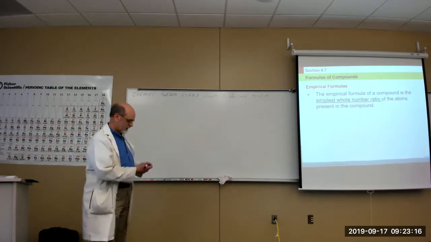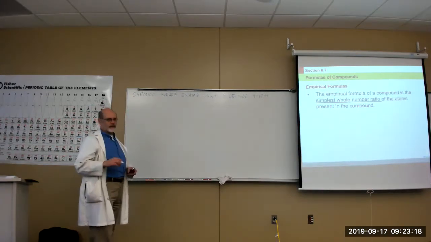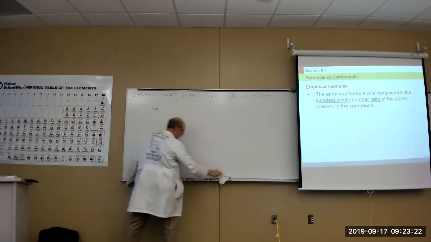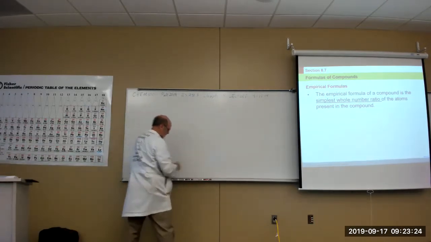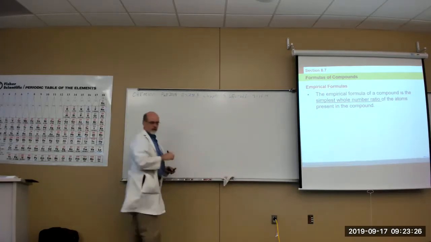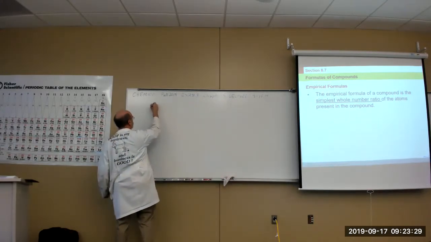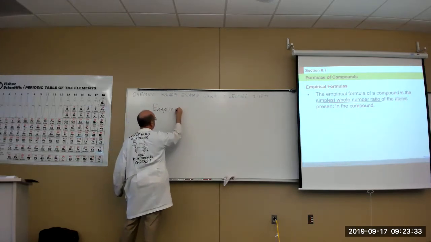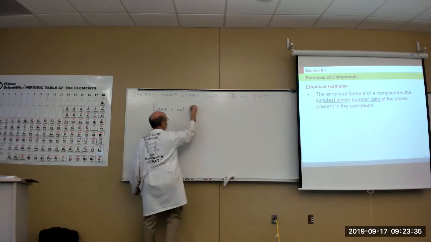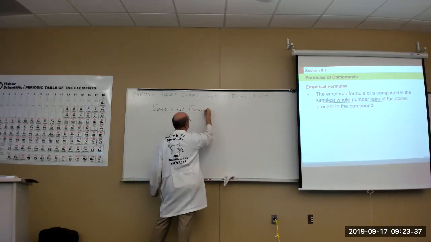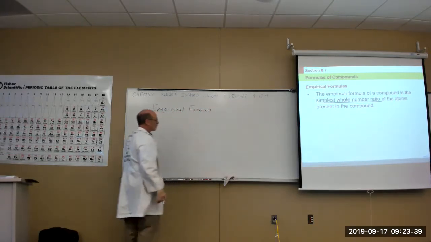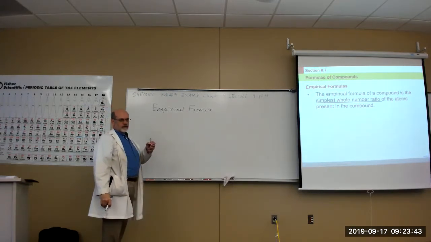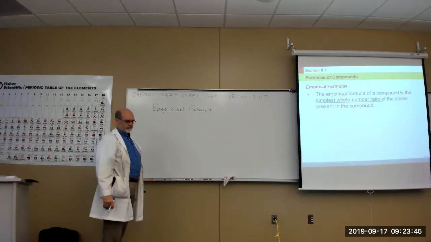Empirical formulas. A couple of definitions first. The empirical formula is the simplest whole number ratio of elements in a compound.